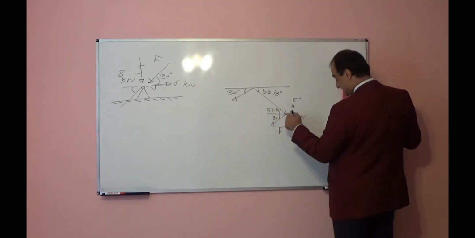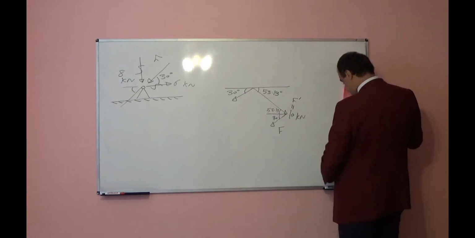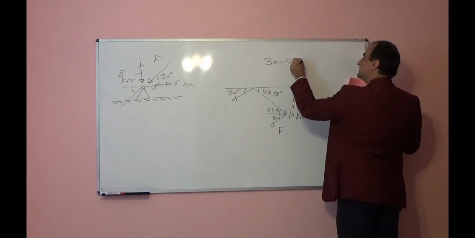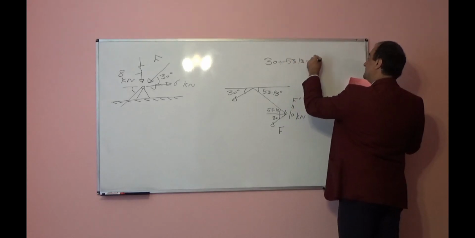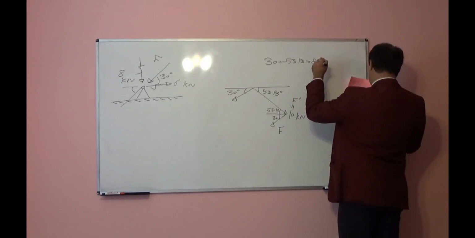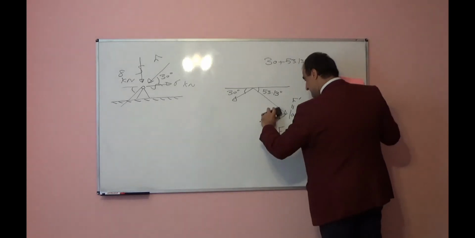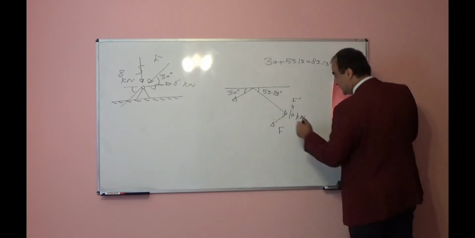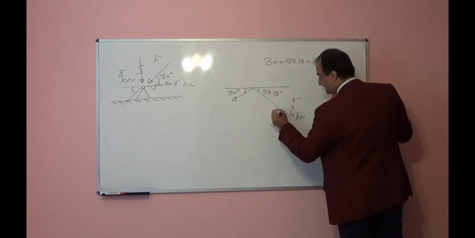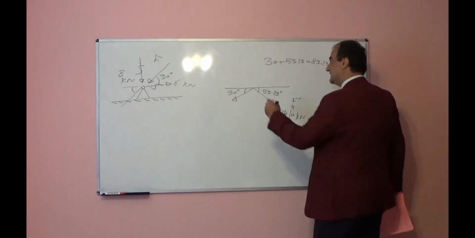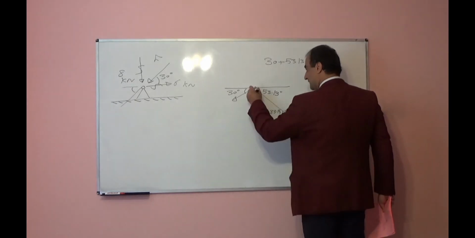So the entire angle will be 30 plus 53.13, that will be equal to 83.13 degrees. The resultant force will connect this point to the tip of F.